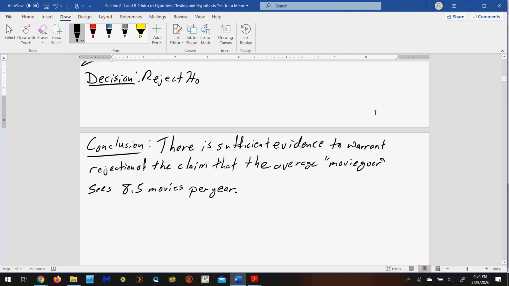Now, it did ask another question, so make sure to answer after this any question which was asked extra. It said, can it be concluded that this represents a difference from the national average? Yes, it does. Yes, this is different than the national average.